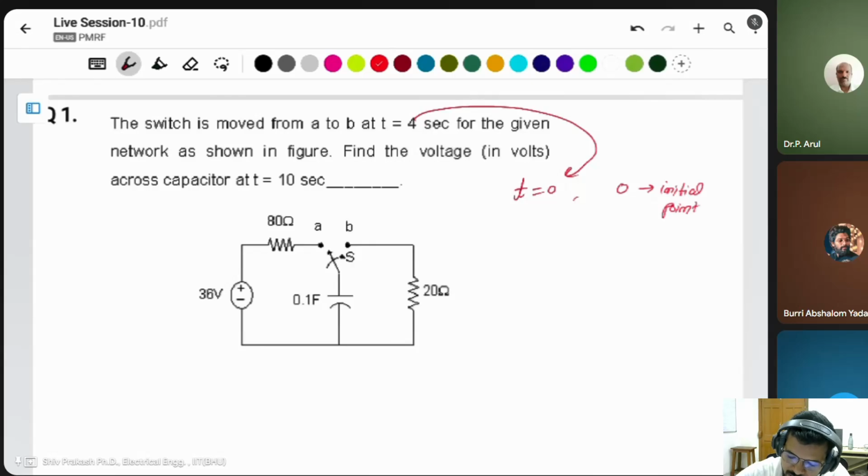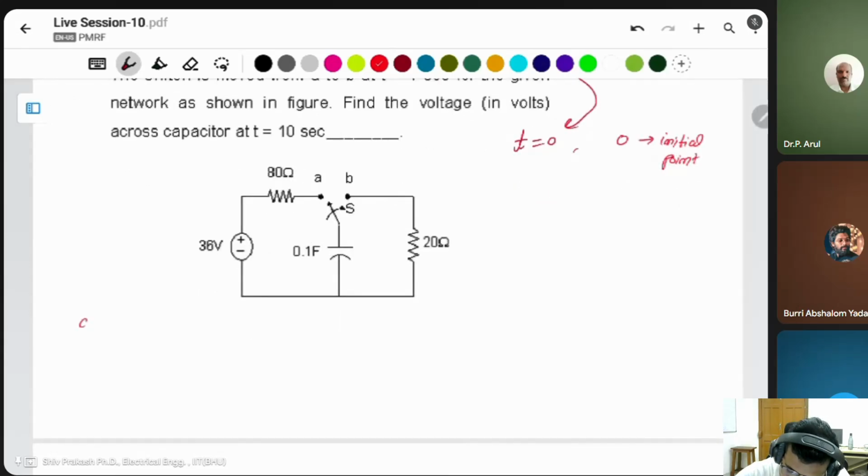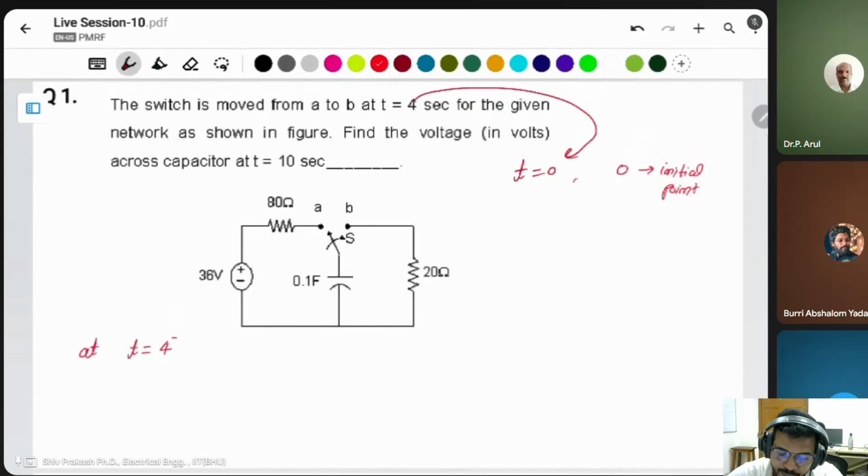Then you have to make a circuit at t equal to 4 minus, like 0 minus previously. What is the circuit before the 4 seconds? t equal to 4 minus means just before the 4 seconds.